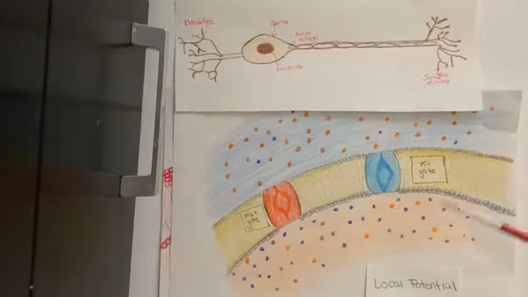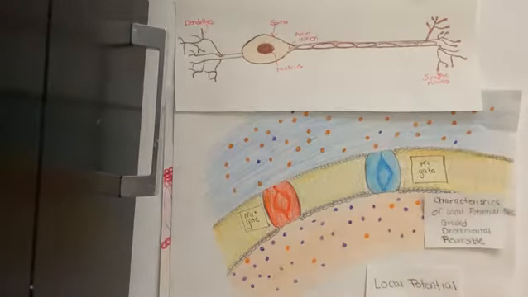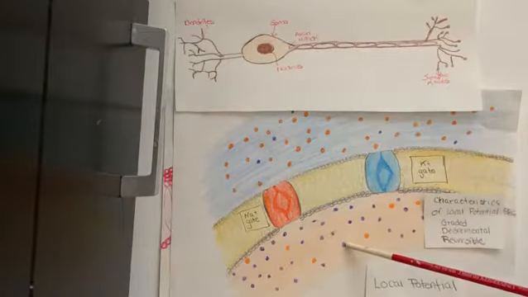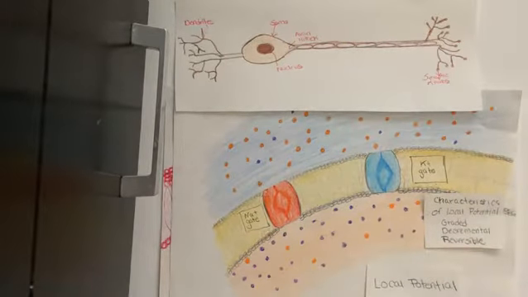That kind of signal is called a local potential, and it has the following characteristics. It's graded, meaning it can vary in magnitude depending on the strength of the stimulus to the dendrites. The more stimulation that occurs, the more sodium channels will open, and the more sodium ions will enter the ICF, depolarizing the membrane to a greater degree.